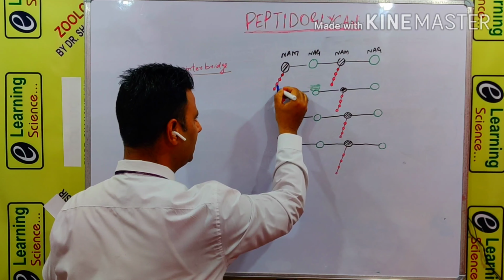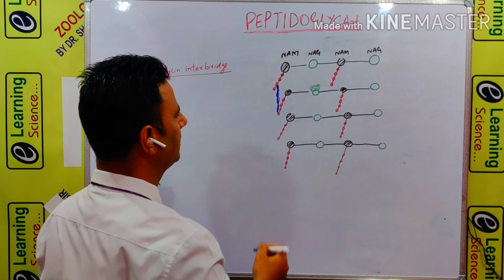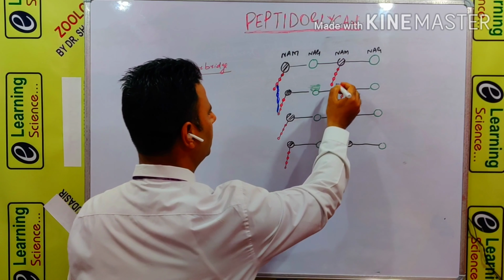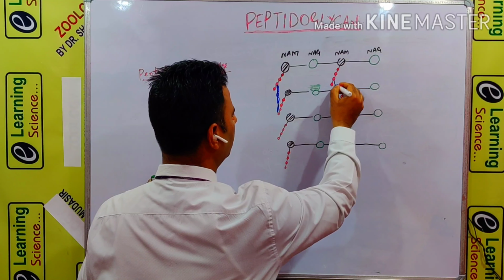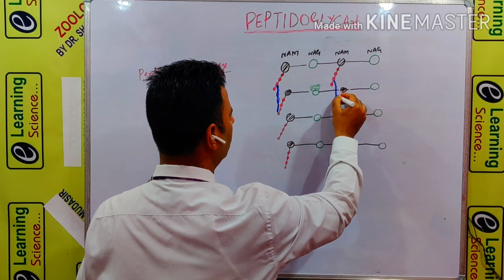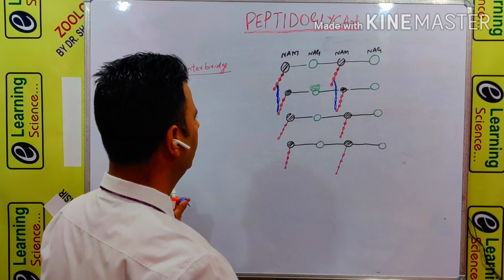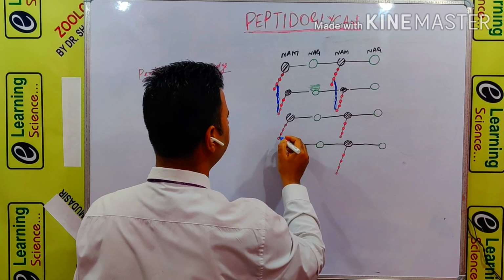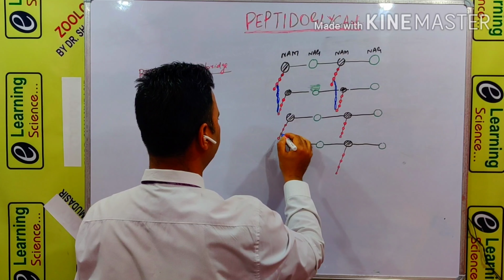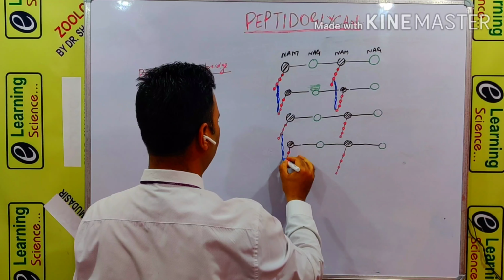There are 5 glycines. 1, 2, 3, 4, and 5. Again, the third with the fourth. Pentaglycin. Here also you will find third with the fourth. 1, 2, 3, 4, and 5.